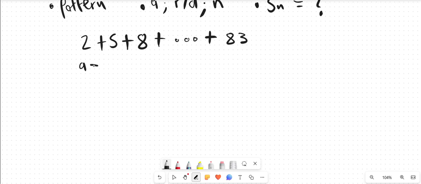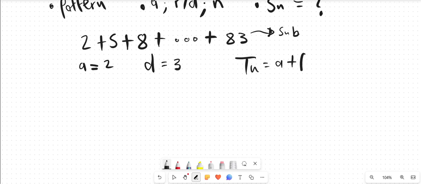Our a is quite easy, it's a 2. Our d in this case is quite easy, they're adding a 3. Then I need to find what n is. But how do I find n? I need to substitute this. So find my Tn formula. It's an arithmetic pattern obviously, so I use this Tn formula.